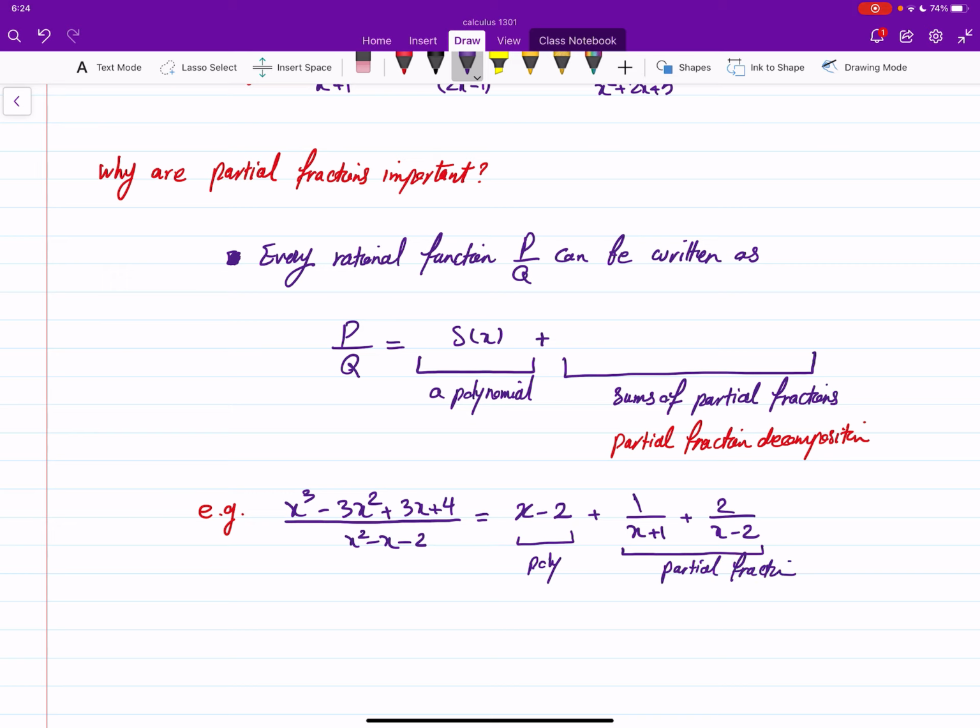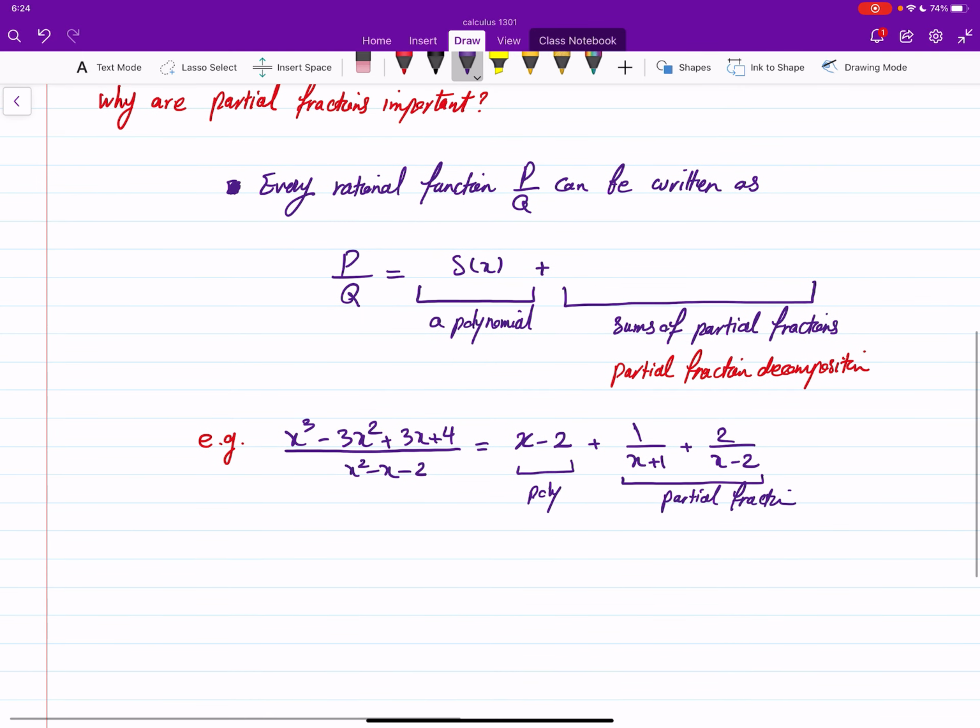How did I do that? This is one of the goals of this section, that we will learn how to decompose and write that equality there. But let me just give you at least one piece of information. I already gave you one terminology, partial fraction decomposition. That's something that we will work on, and it's very important. But this first part is also something that we will get from what's called long division.